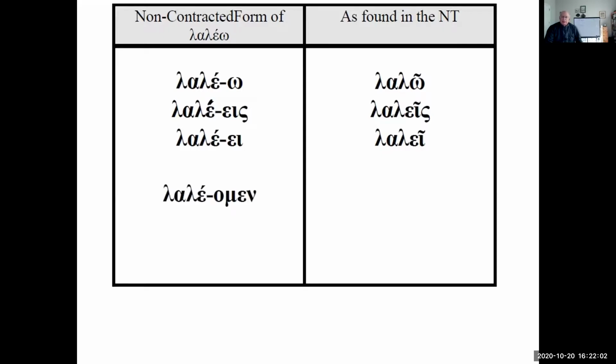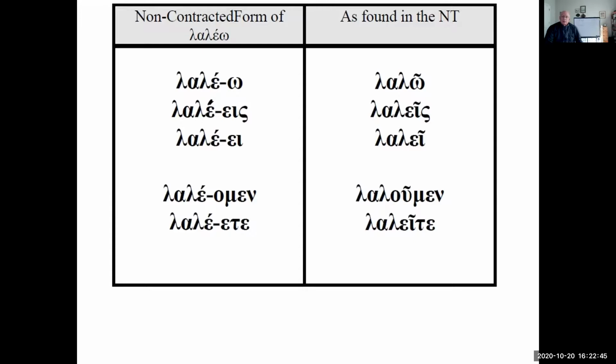There are only two places that are really crucial for us to remember. We won't have laleomen. Instead, epsilon contracts with omicron, and actually both of them change into ou, lalousmen, lalumen. And the same is true of the second person plural. The two come together to make laleite. And again, you see the contraction noted by the circumflex accent.